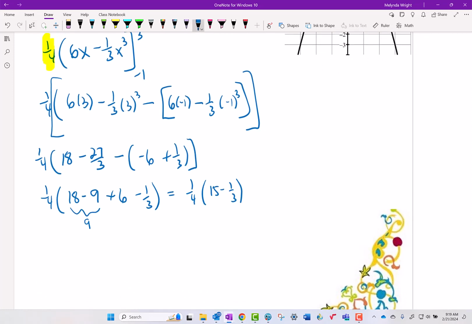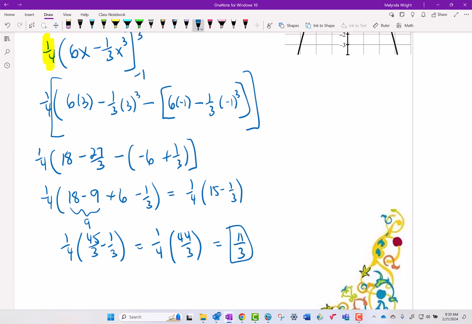What is that? So 15 is 45/3, right? 1/4 times 45/3 minus 1/3. That would be 1/4 of 44/3, which is 11/3.